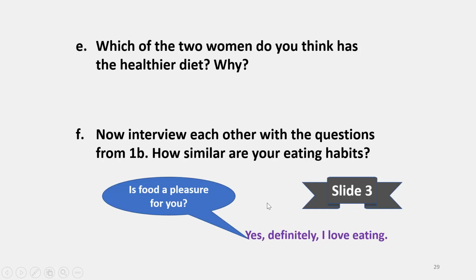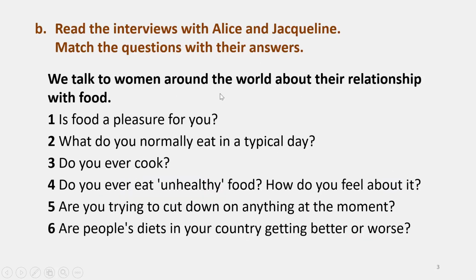Okay, now we will practice, right? For the first question, is food a pleasure for you? Yeah, if you ask me, I will say that I think food is a pleasure for me. Firstly, I have 3 meals in one day, and sometimes at the weekend I also go to restaurants to eat special foods.